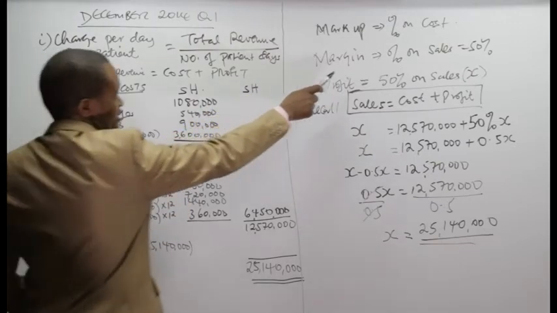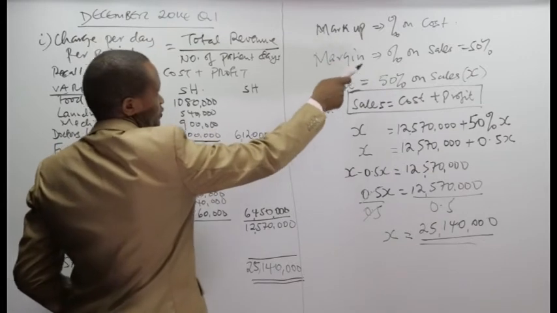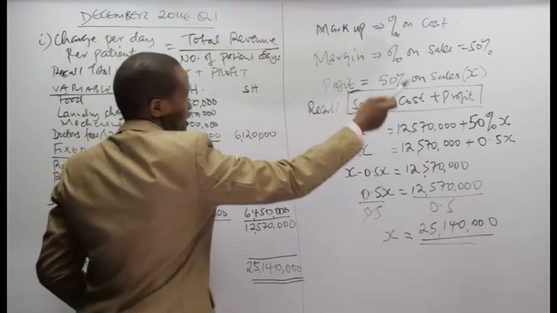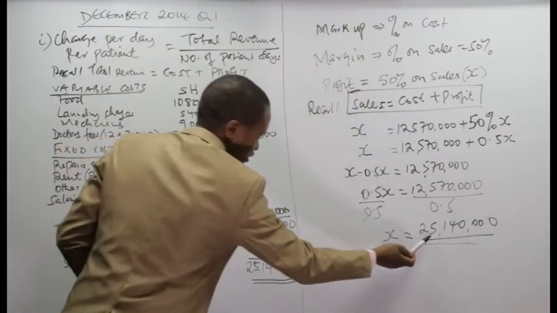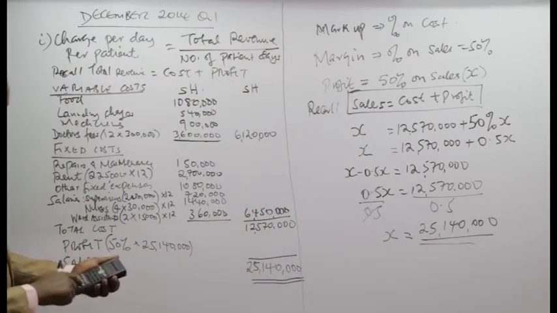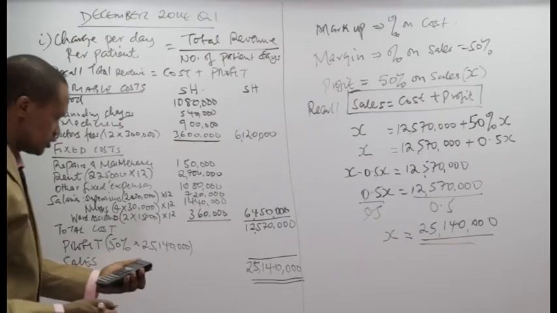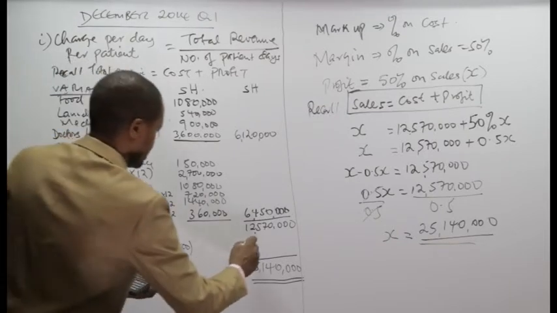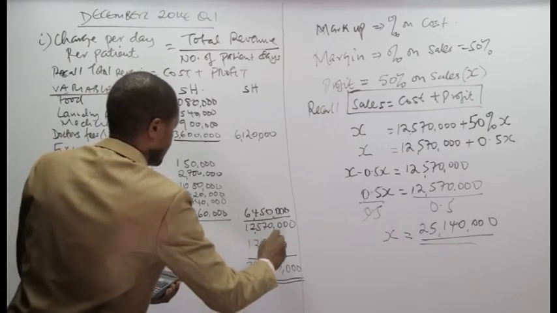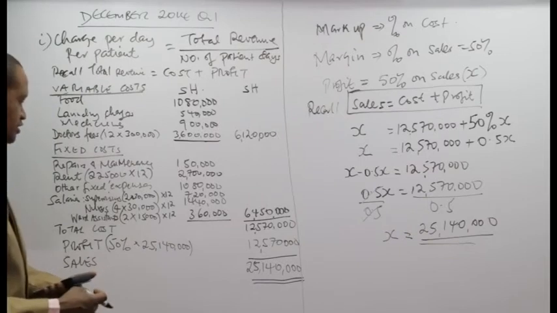Margin is a percentage profit on sales. Our sales is 25,140,000, so we get 50% of that, which is 12,570,000. So that is our profit.